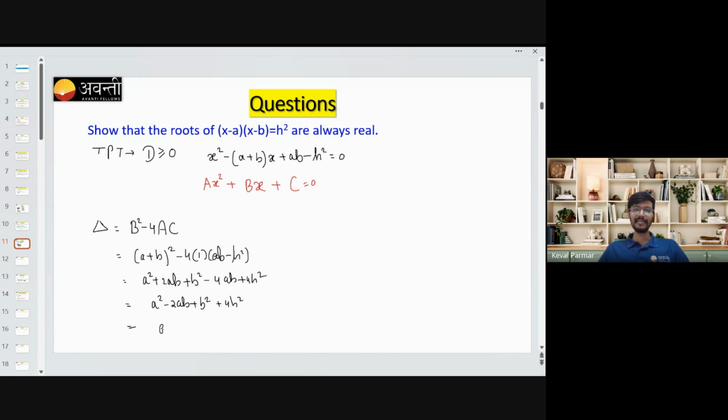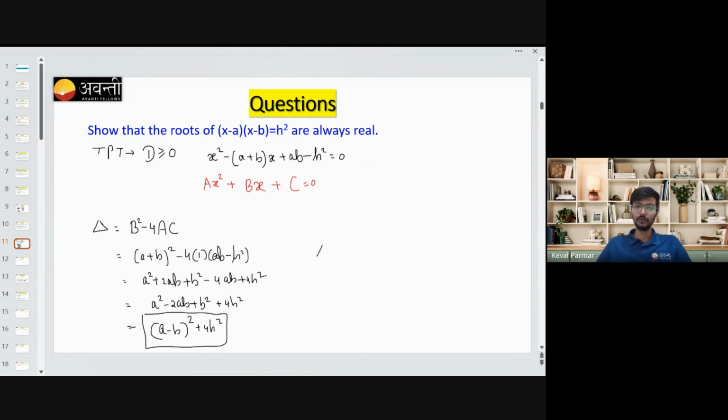What is a square minus 2ab plus b square? It's (a minus b) the whole square plus 4h square. Now, as you can see, both of these terms are square terms. And what do we know about square terms? That they cannot be less than 0. They can be equal to 0 and otherwise they are always greater than 0.